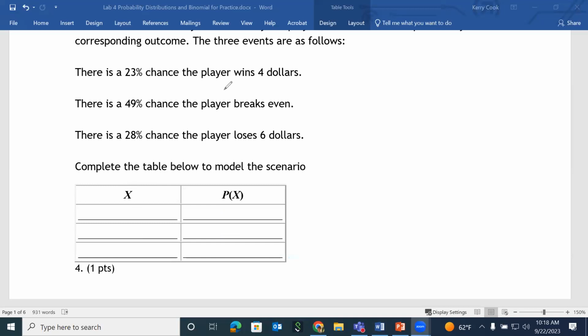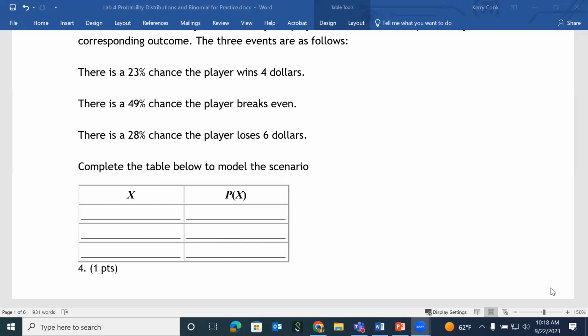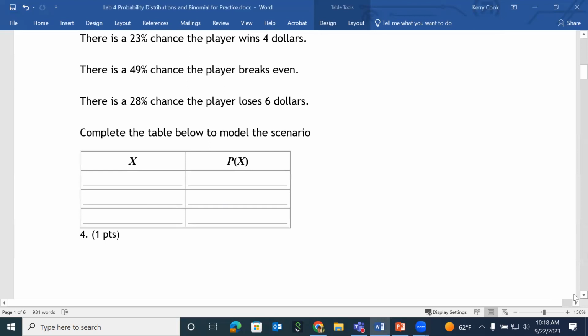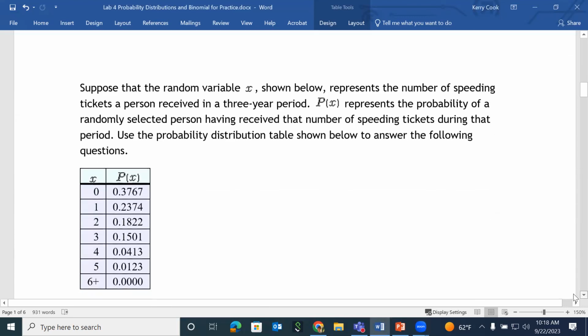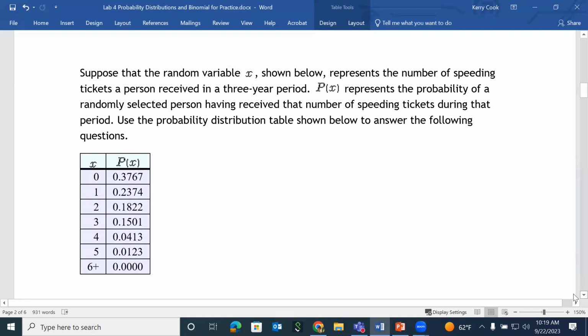In the last example that we're going to look at, we've got a situation in this probability distribution function where X represents the number of speeding tickets a person received in 3 years. As you can see, there's about a 38% chance that they got no speeding tickets.